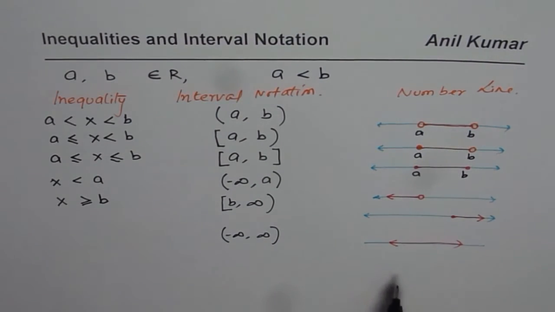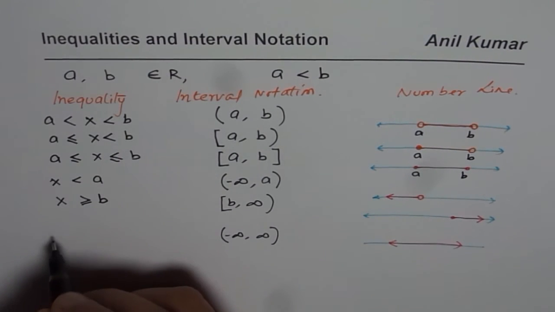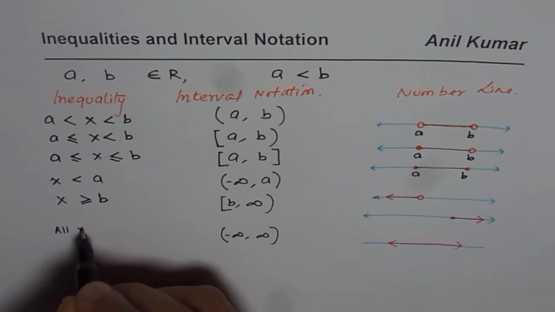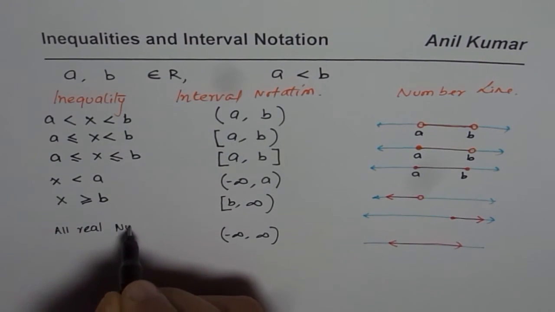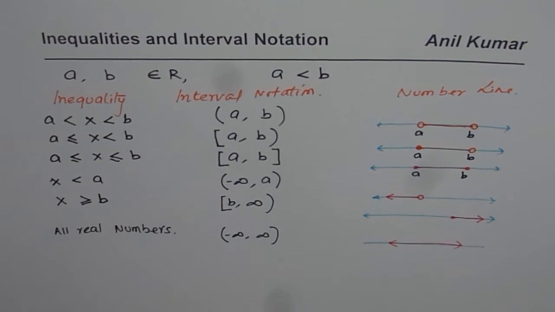So this is where x belongs to the real numbers, correct? So that is the interval. So in interval notation, it will be written as from minus infinity to plus infinity. That is all real numbers. Correct? So that is how you should be writing the intervals.